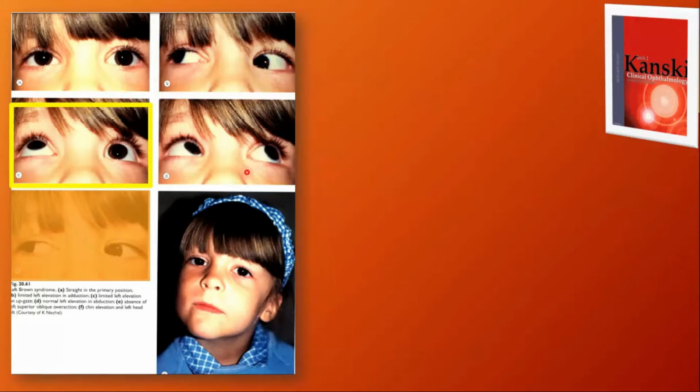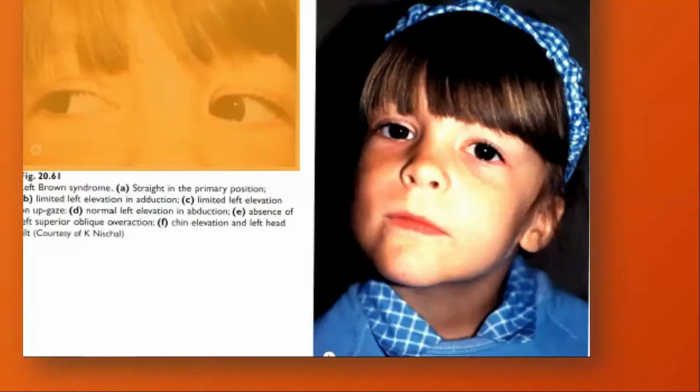But how about elevation in abduction? It looks normal. Let's see the comments. It is a case of left Brown syndrome. So we have a straight eye in the primary position. Somehow we disagree with him, because if it is a straight eye in the primary position, why did she adopt this abnormal head posture in the first place? It is confusing for me.